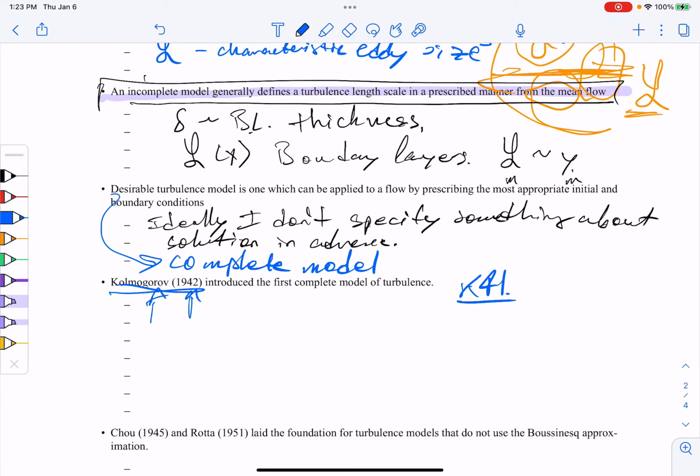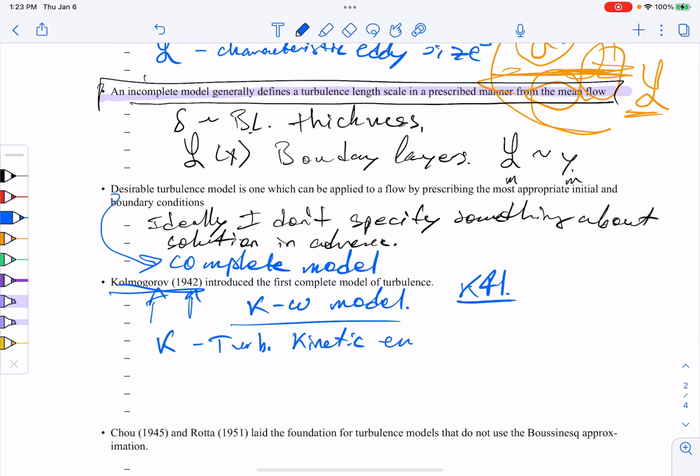And that paper essentially had the first K-omega model. And you're going to see this word a lot in this class. So K is turbulent kinetic energy, and omega is specific dissipation.